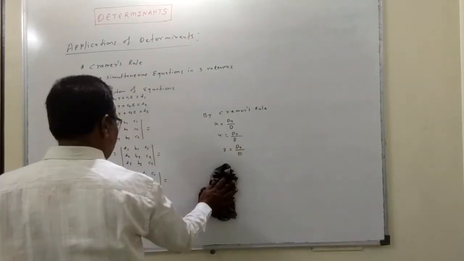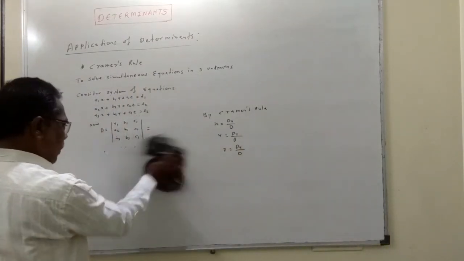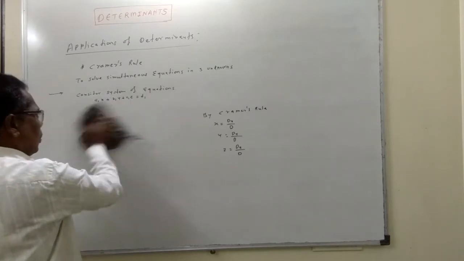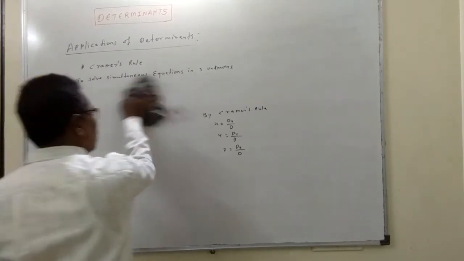Well understood. We will apply this Cramer's rule for three variables, three unknowns with example.